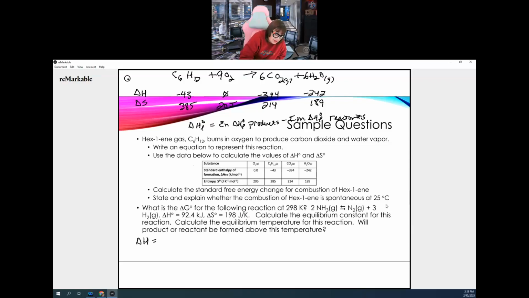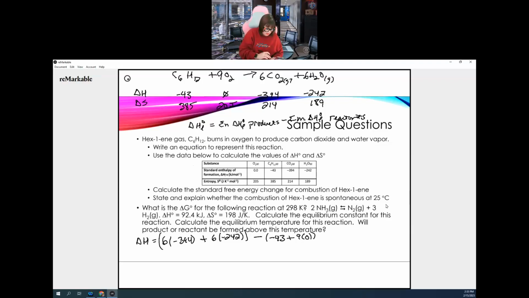So delta H for this is going to be my products. So 6 times the negative 394 plus 6 times the negative 242. And I'm leaving the units off. I'm hoping that you can follow the units without me having to do it at this point. Minus the quantity of negative 43 from that first C6H12 plus 9 times 0.